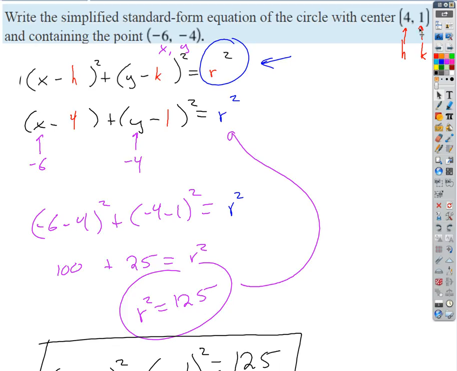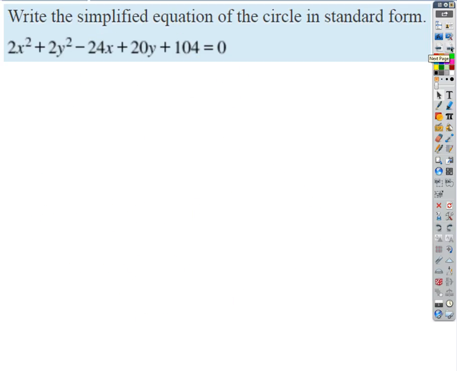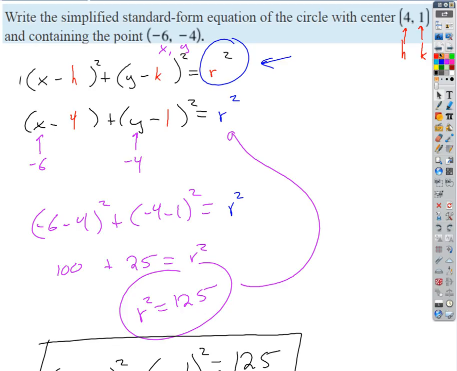Okay. The other thing we might want to do is something like this. What if they give us the equation of a circle, but it's not in standard form? We want to turn that into standard form. So we want it to look like that, right? We want it to look like x minus h squared plus y minus k squared equals r squared.